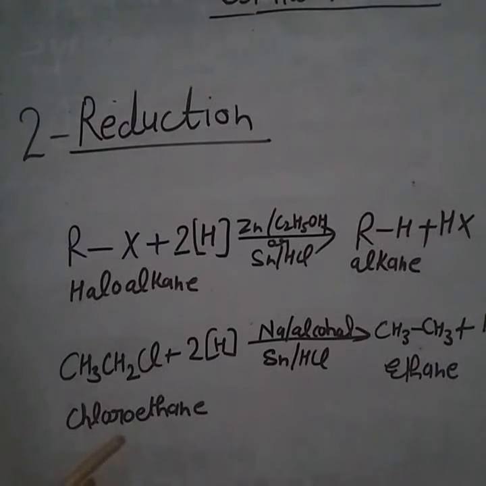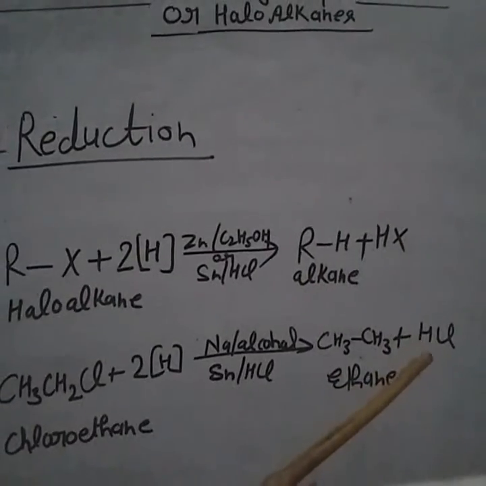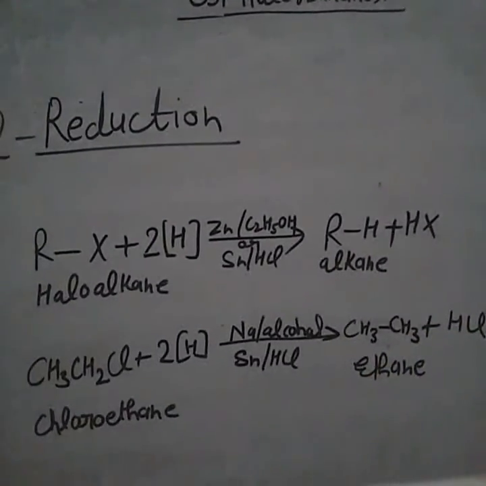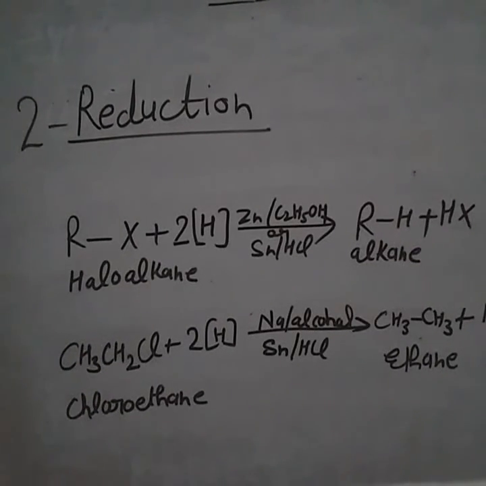The next example is when chloroethane reacts with nascent hydrogen in the presence of sodium and the catalyst alcohol, then forms ethane and releases hydrochloric acid. Nascent hydrogen reduces or replaces the halogen and forms alkane, or ethane.